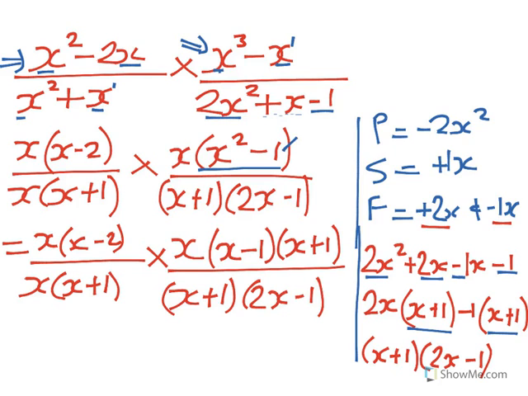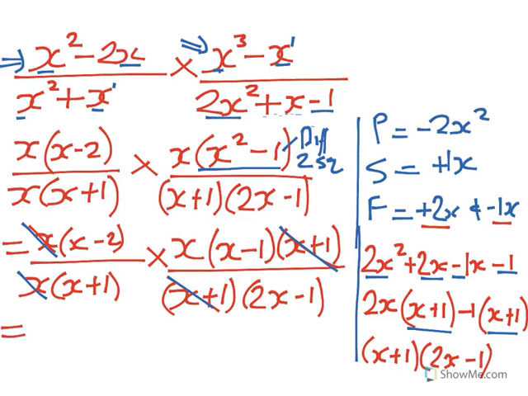As I say, this is a difference of two squares. After that, we can cancel now because there is a multiplication sign. X plus 1 cancels with x plus 1, and then x will cancel with x.